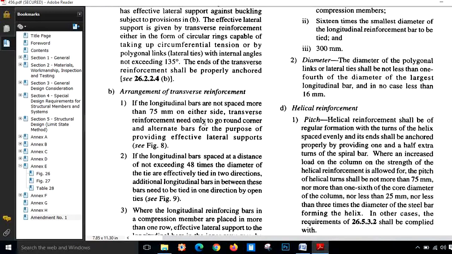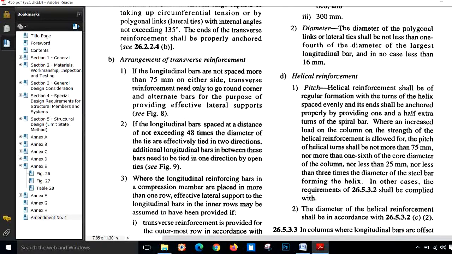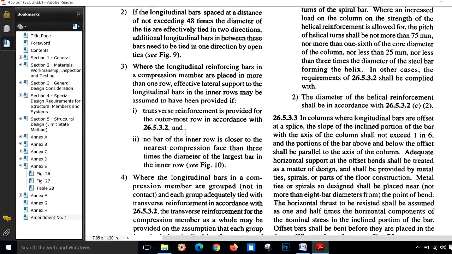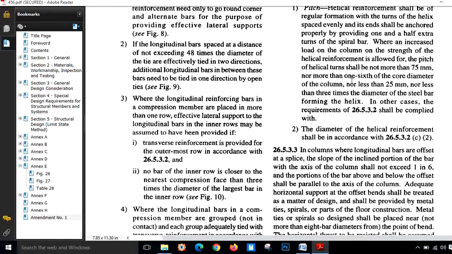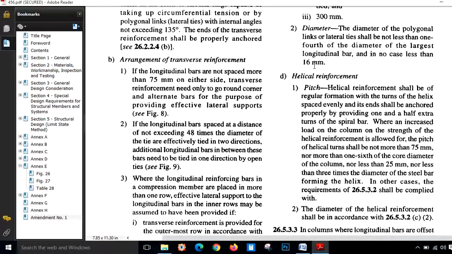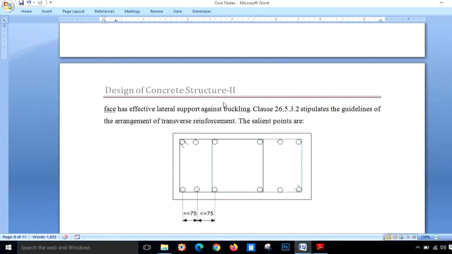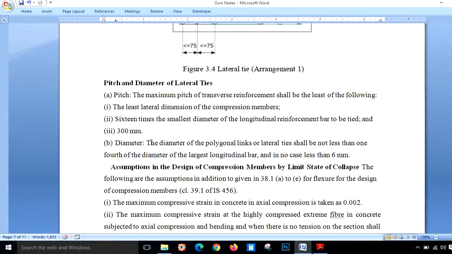Transverse reinforcement need only go around the corners and alternate bars for the purpose of providing effective lateral support. All the information about lateral ties is given here. Similarly, information about helical reinforcement is also given. I have listed out the things given in the IS code.